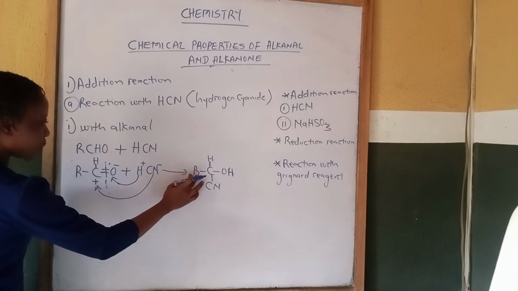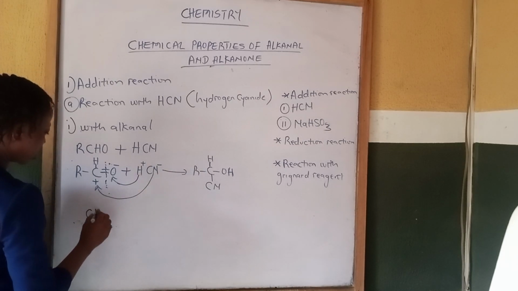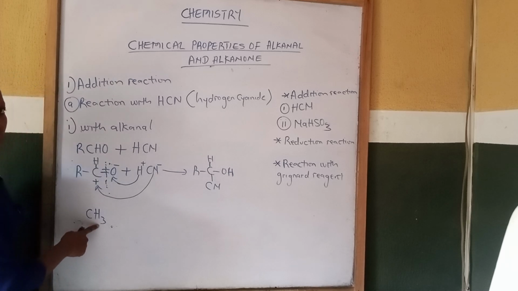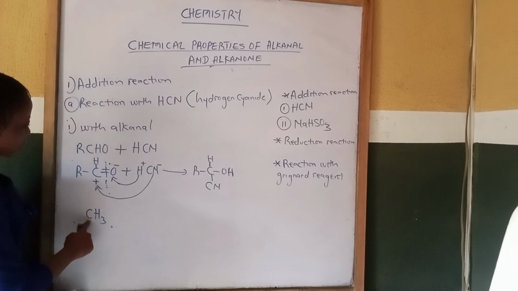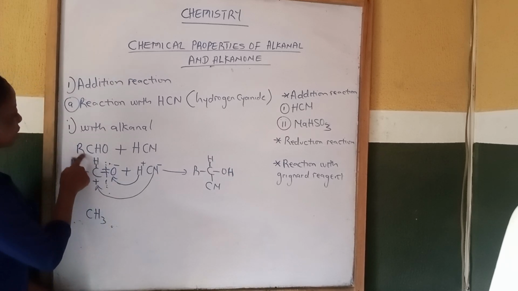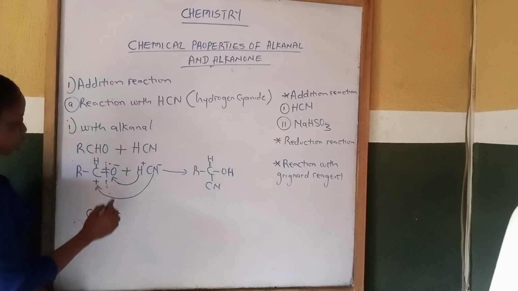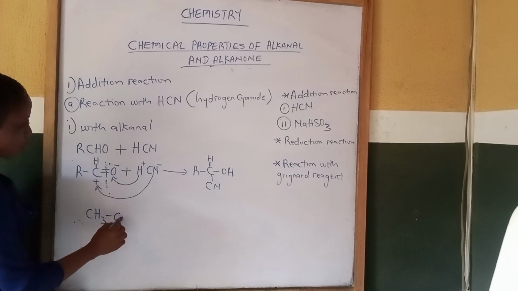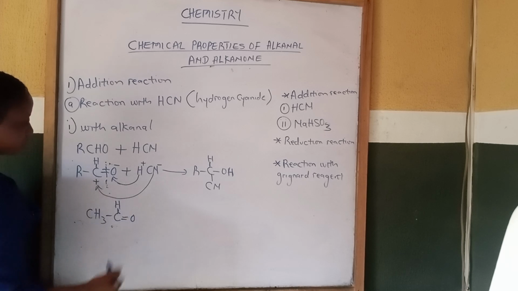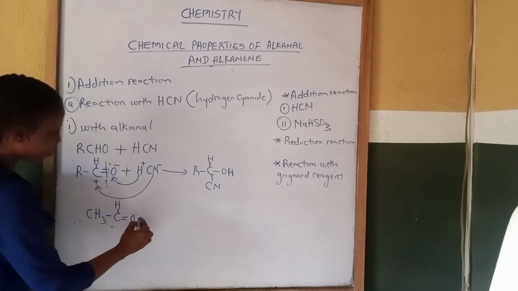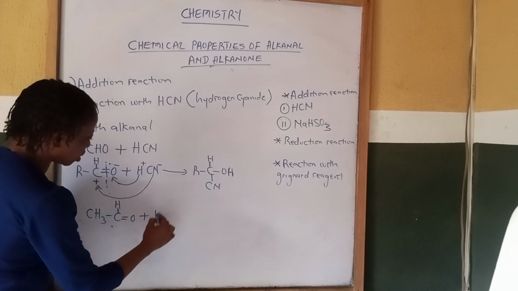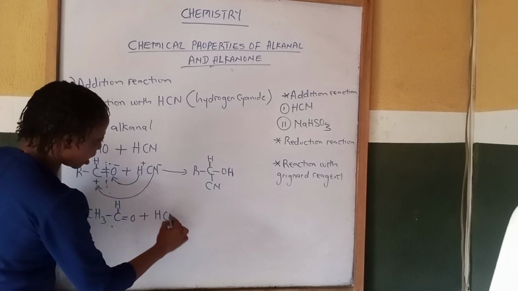I want to replace R now with CH3, which is methyl. So CH3, then the C from my functional group, double bond O, then H, plus hydrogen cyanide, HCN.